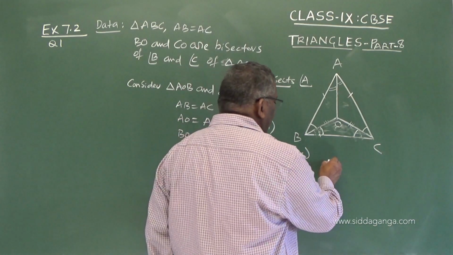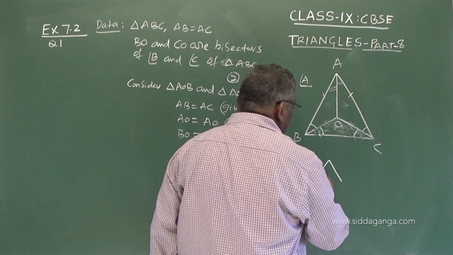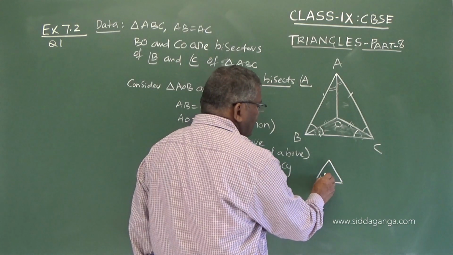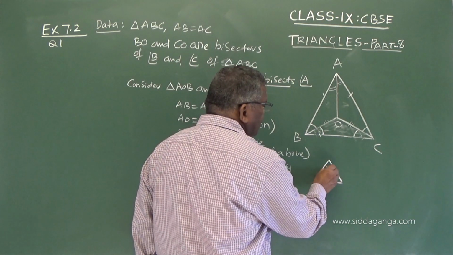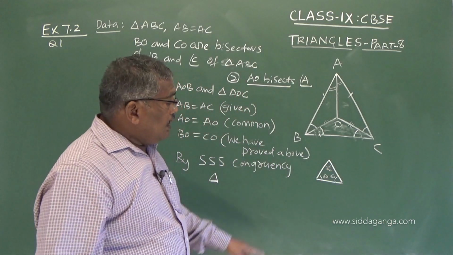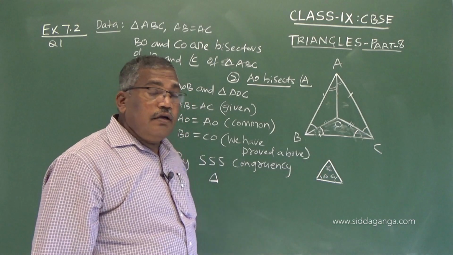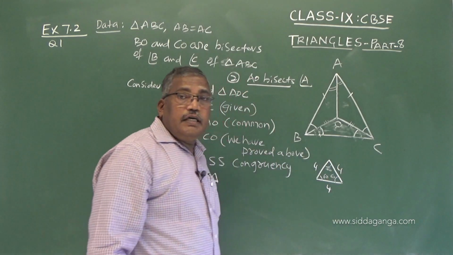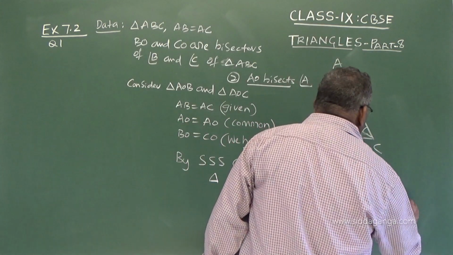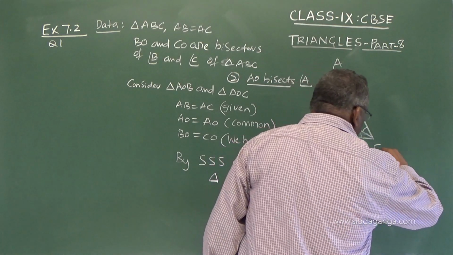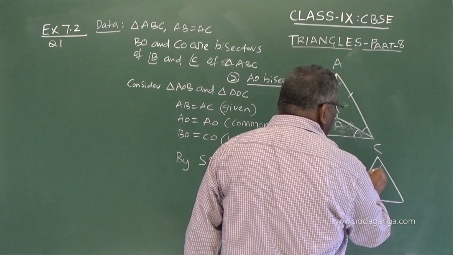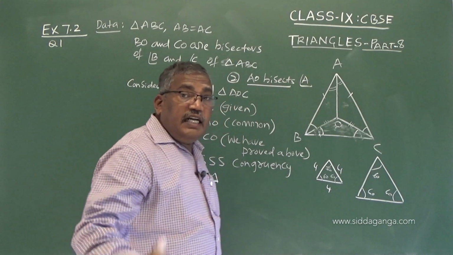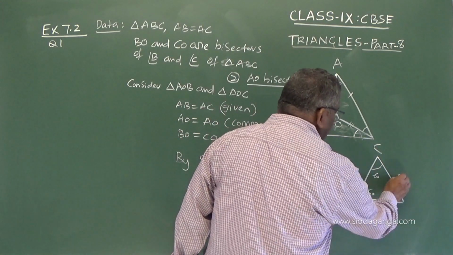Suppose I have an equilateral triangle, all angles 60 degrees, and the side length is, let us say, 4 centimeter. We may have another triangle where all three angles are equal, 60 and 60, but the side length is more, say it is 10 centimeter.